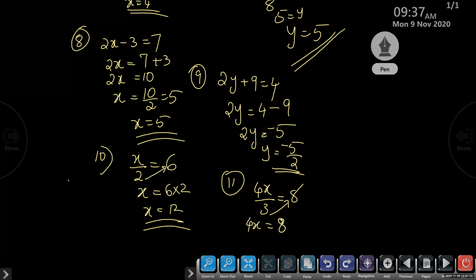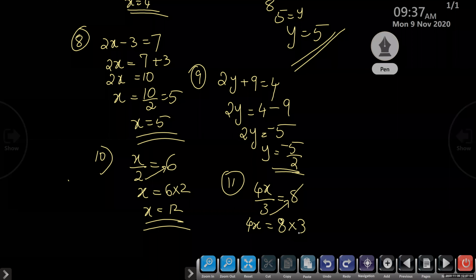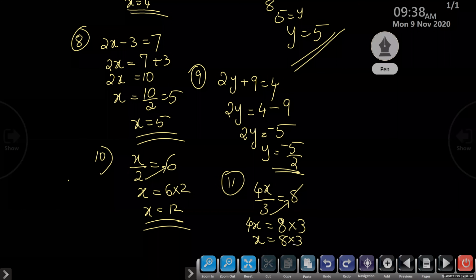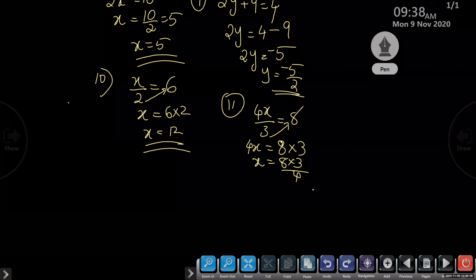Division becomes multiplication. 4x equal to 24. So x equal to 24 divided by 4. Here you can cancel. So it is 6. 24 by 4 is also 6. X equal to 6.